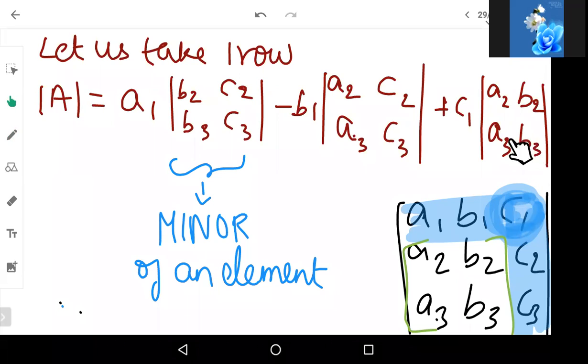Okay, now this will give you the minor of the elements in the first row. Did you all understand how to consider this? Any doubt still here? Okay, good.